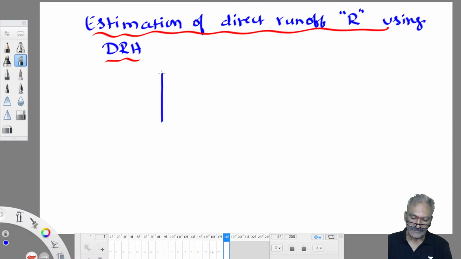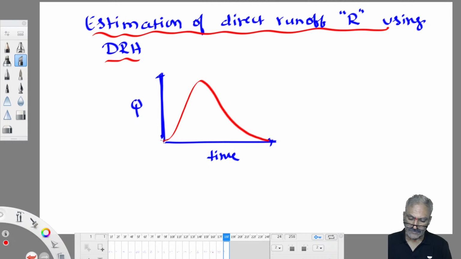This is the direct runoff hydrograph. The keyword is time plot: it starts with 0 and ends with 0.